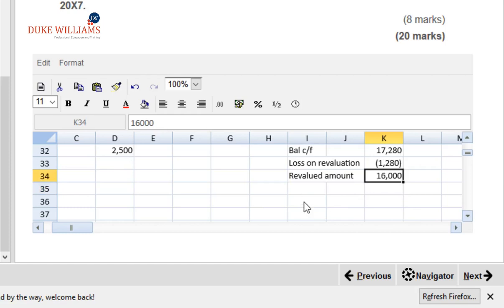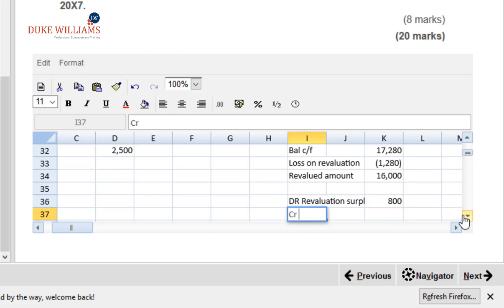So let's do that quickly. You can say debit revaluation surplus. So we are debiting revaluation surplus with the 800 and we'll credit the asset.